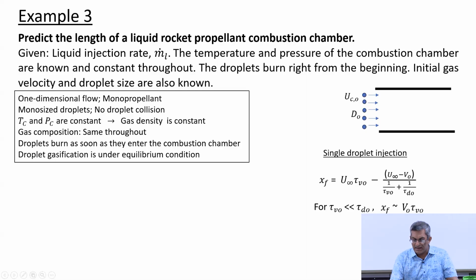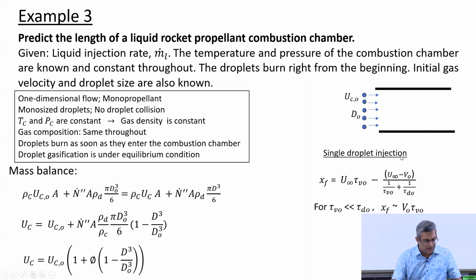The point here is that the length is proportional to the square of the initial size. This means that it is very sensitive to the initial size and also the injection velocity. So now the question is, if we have multiple particles injected, how would these results change, and what difference will we have compared to the single particle injection?